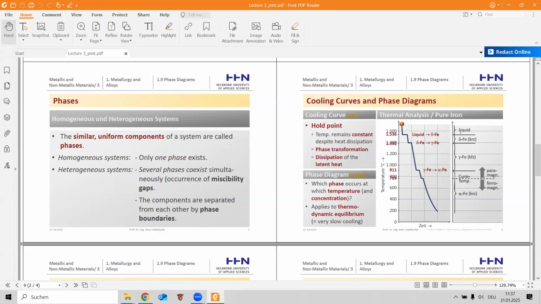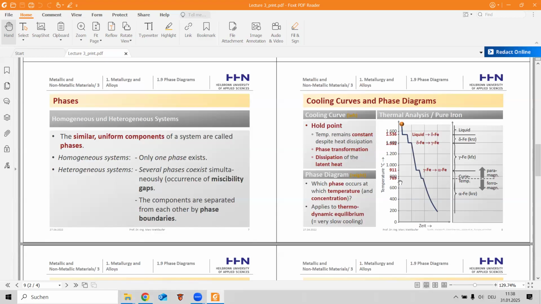So here we have a liquid phase, delta ferrum phase, gamma ferrum phase, and alpha ferrum phase.